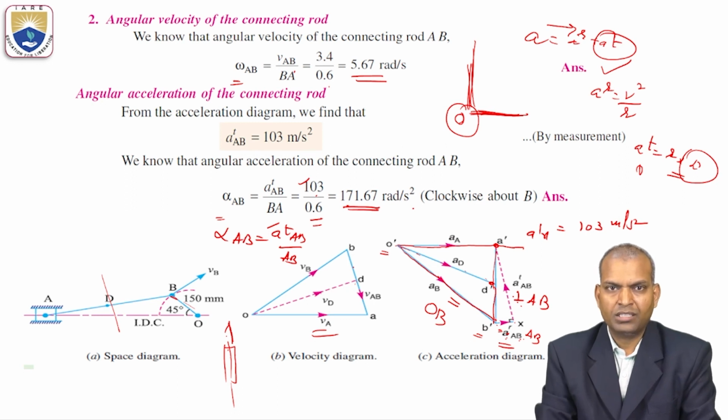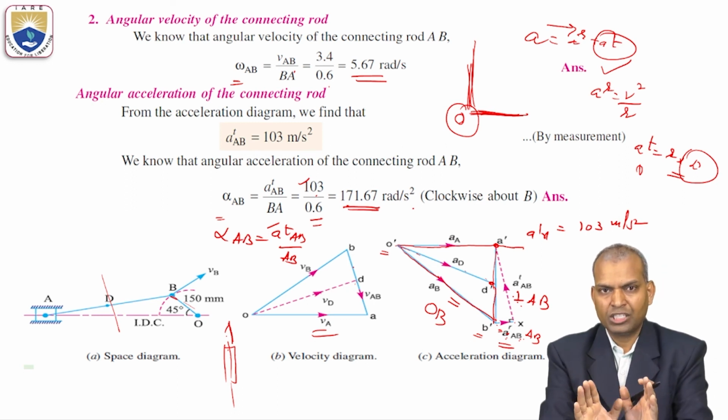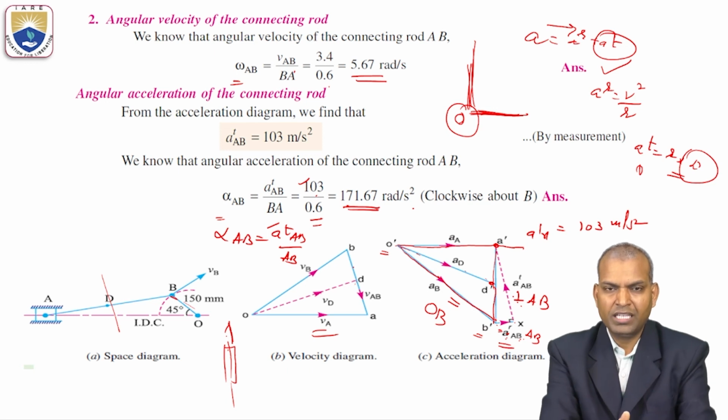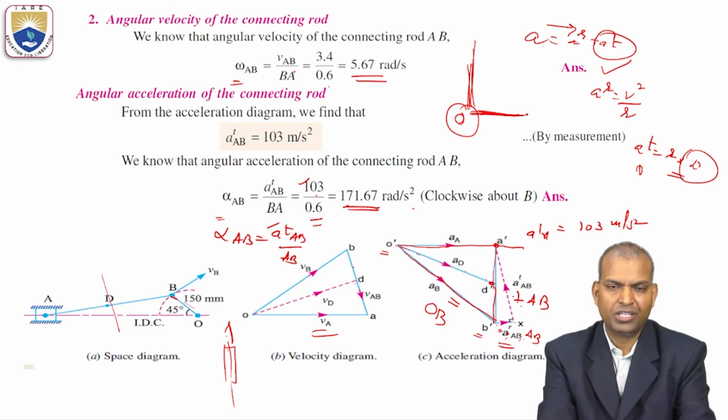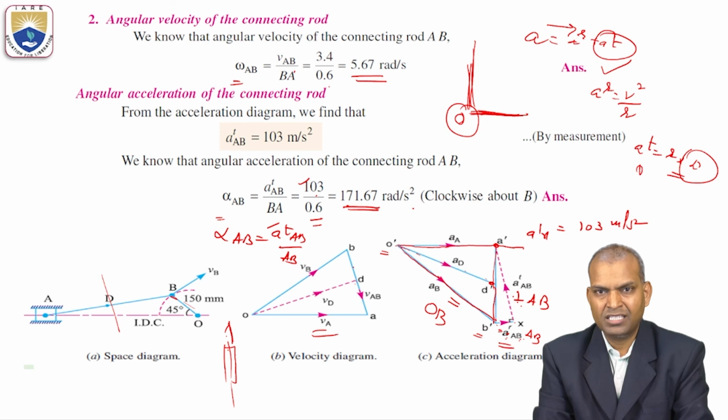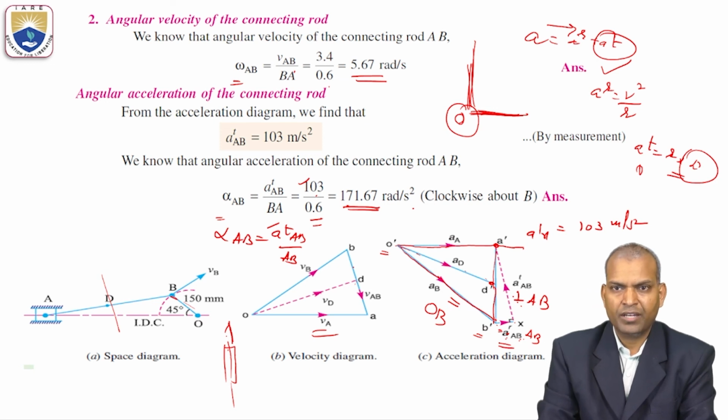Make a plan of your answer script in such a way that the space diagram, velocity diagram and acceleration diagram are beside each other. Then you can draw easily. That is very important.